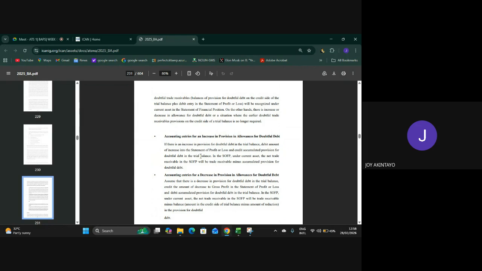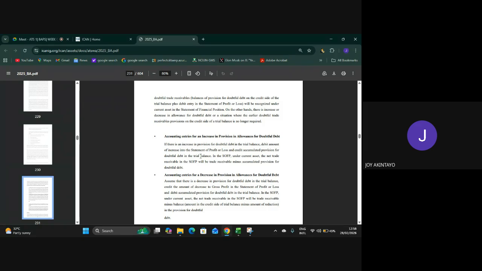Then the new provision we have, the difference is deducted from what we have at the beginning, which gives us the closing balance. The closing balance will now be deducted from our trade receivables when we get to the statement of financial position.